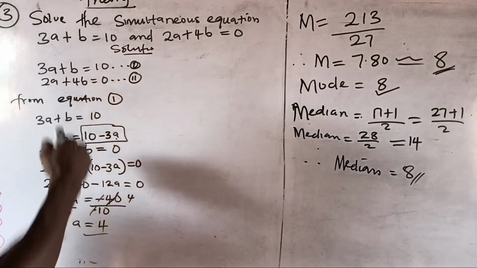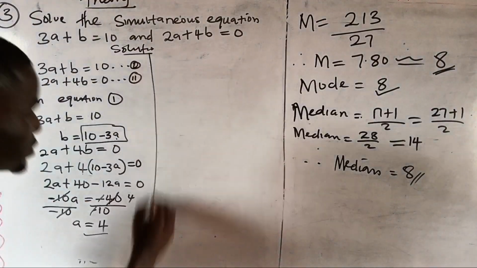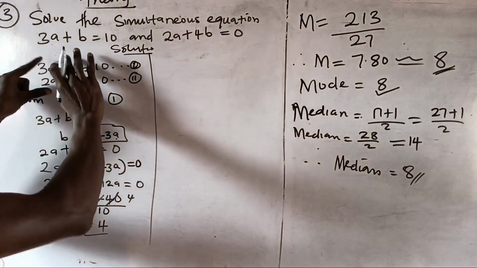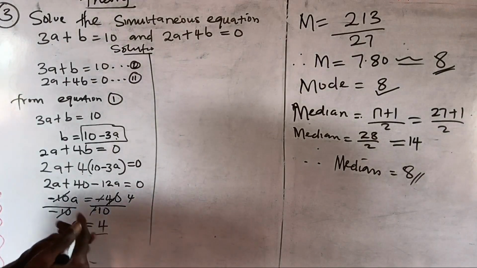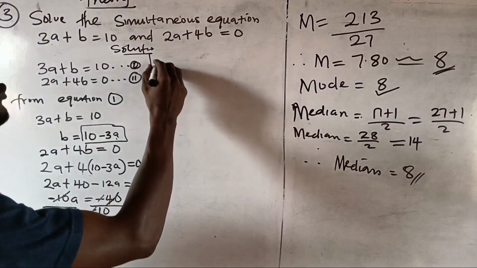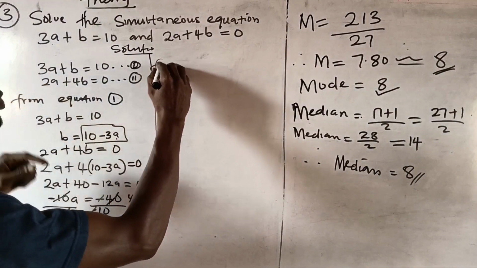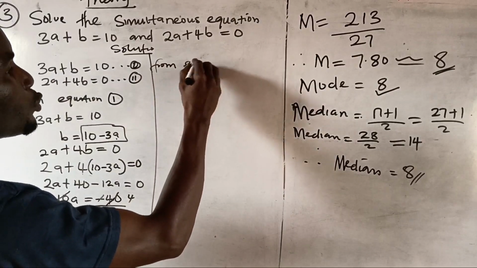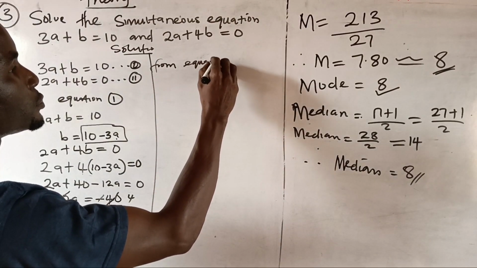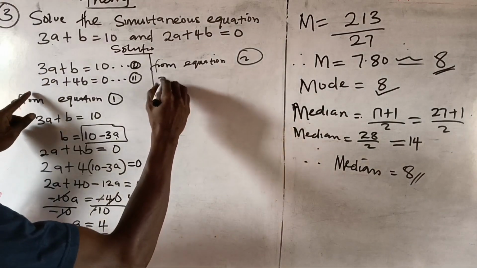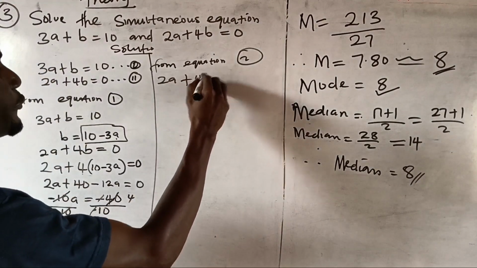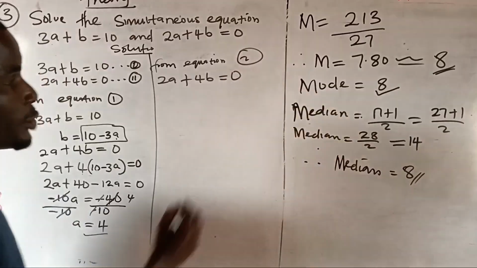Now let's find b, the second unknown. I can pick any of these equations and I'm going to get my b. Let me pick equation 2, which is 2a plus 4b equals 0.